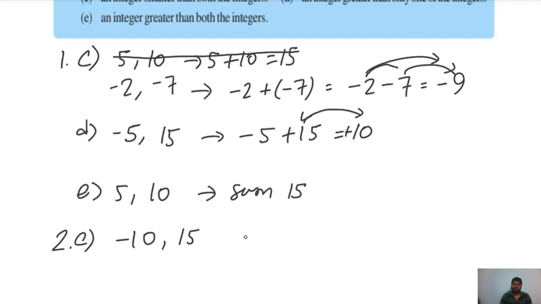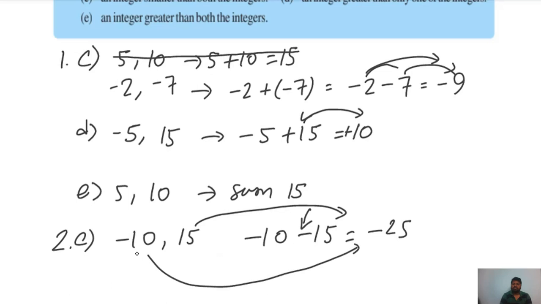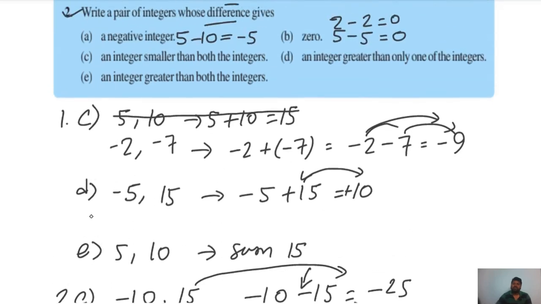Then we take minus 10 minus 15, and this is the minus operation, and this is called minus 25, and minus 25 is less than 15 and also less than minus 10. The integer is smaller than both the integers, and now an integer greater than only one of the integers. The difference is greater than only one of the integers.